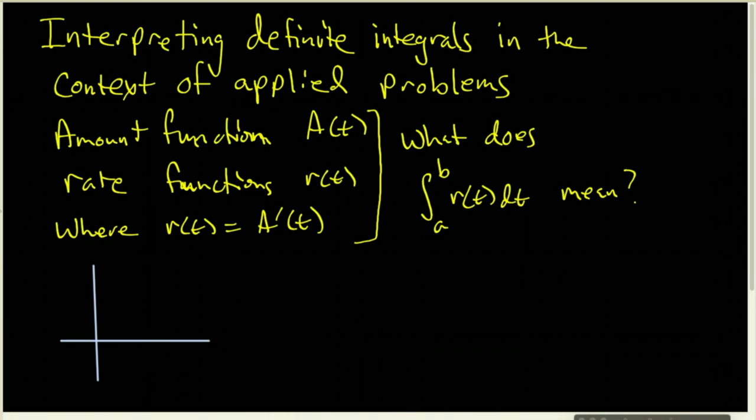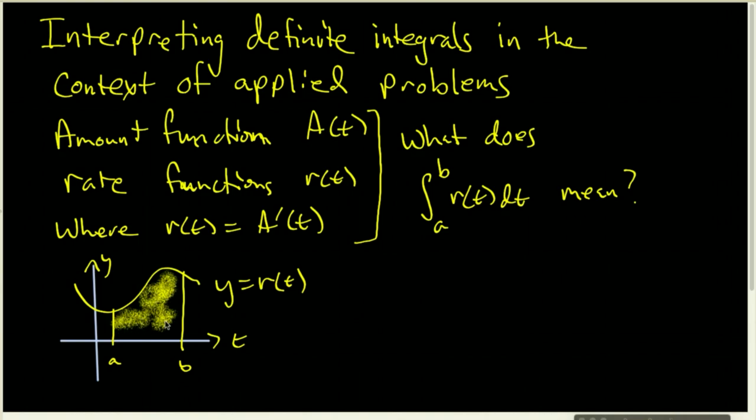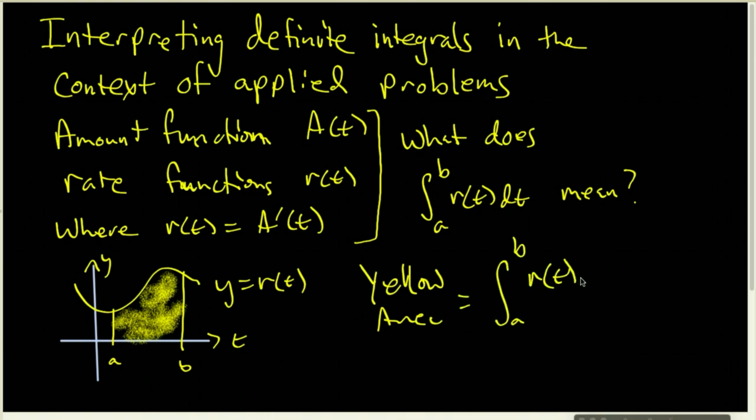If I have a set of axes and I graph y equals R of t, where this is t and this is y, and we have this being a and this being b, then we already know that this chunk of area, that yellow area, is equal to the definite integral. But that doesn't tell us anything about what this means in the context of the amount function and the setting that it is coming from. So I want to look at that for just a minute.